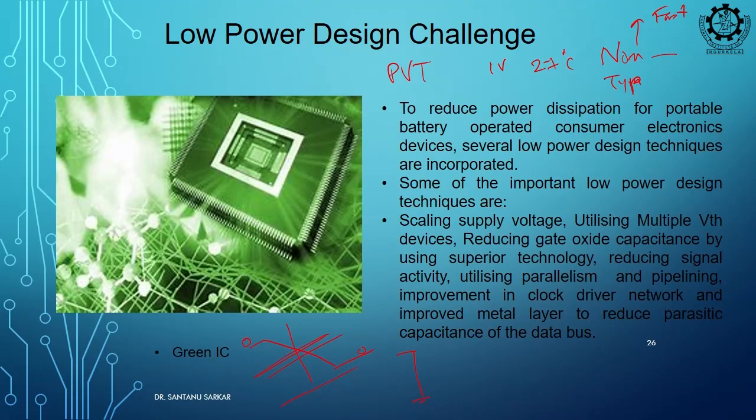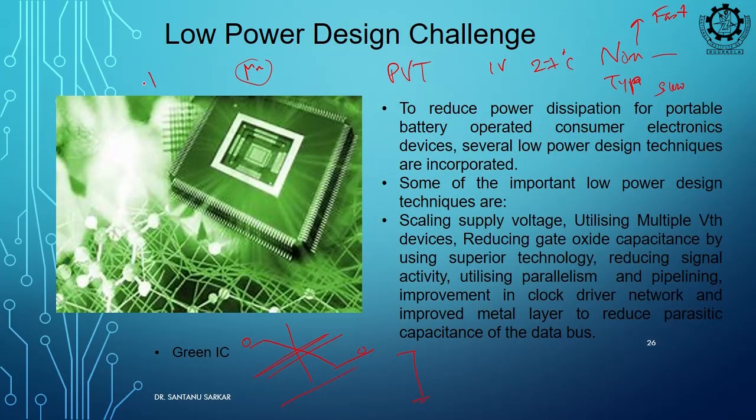Or if your mobility is lower, mobility you understand, mu n, ID is equal to half mu n Cox W by L (Vgs minus Vt) whole square, that mu n is mobility. Okay. If this mu n is typical, we can say this process is typical. If it is more than that, we will say that it is fast process. If it is less than that, we will say it is slow process.